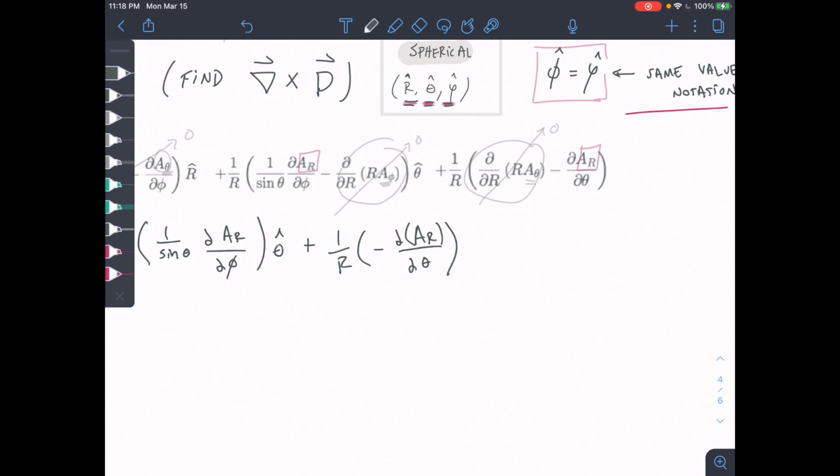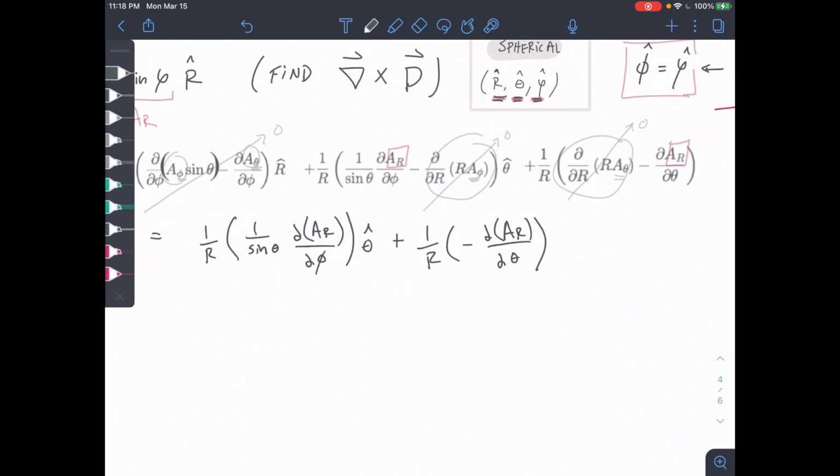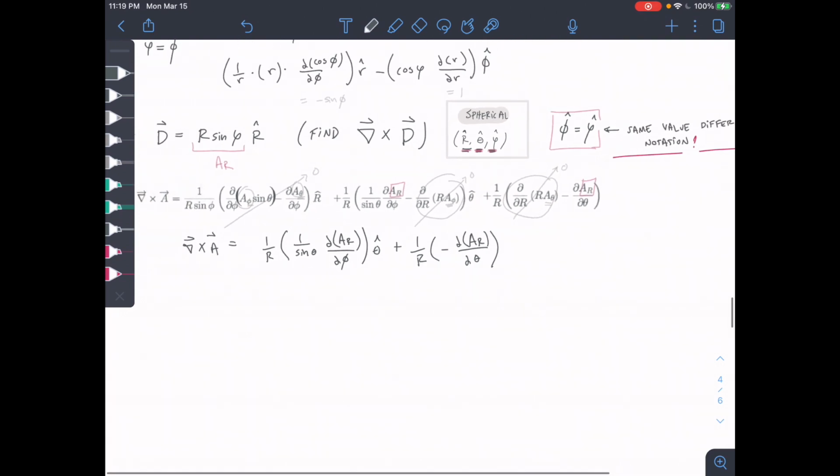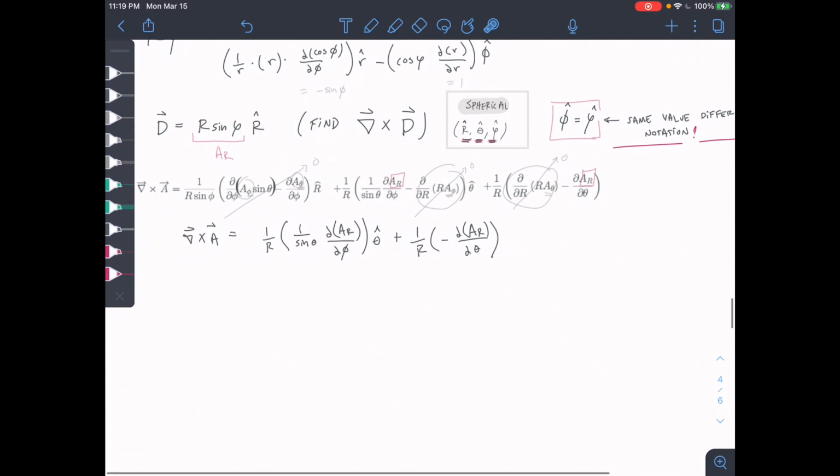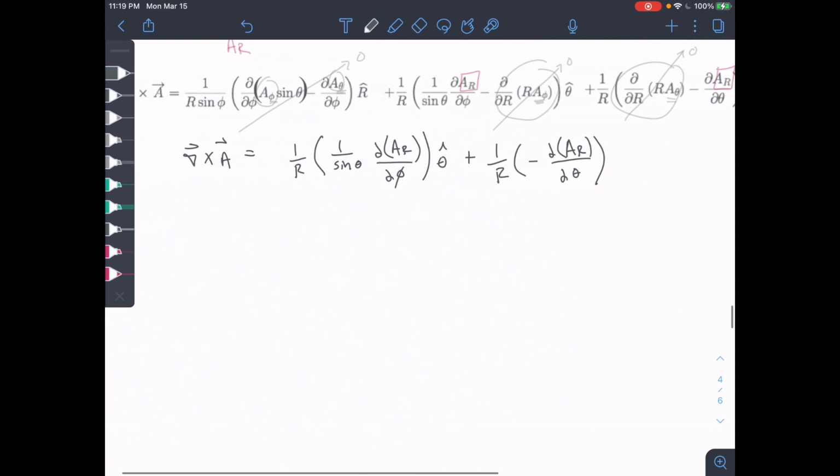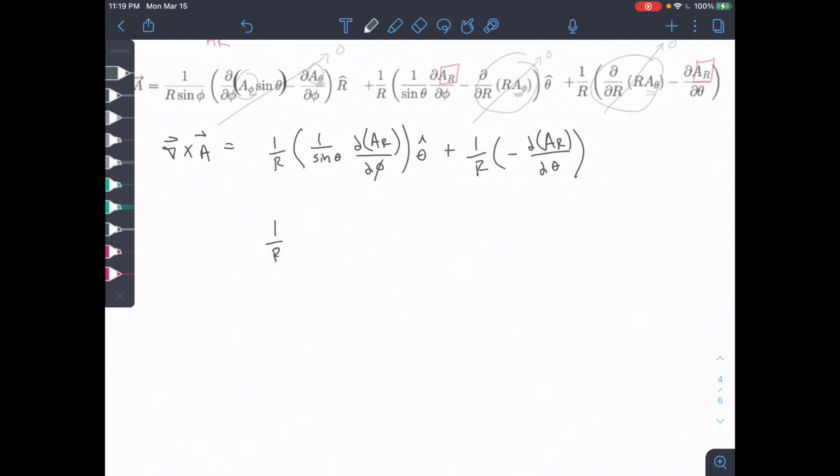Okay, so we're going to do the partial in parentheses first for these. Okay, looks good. So we're going to plug in our r sine of phi, because we found that this is our AR because it is the term before the r hat vector. So this is our magnitude in the r hat direction, labeled as A sub r. Okay, so let's plug that in.